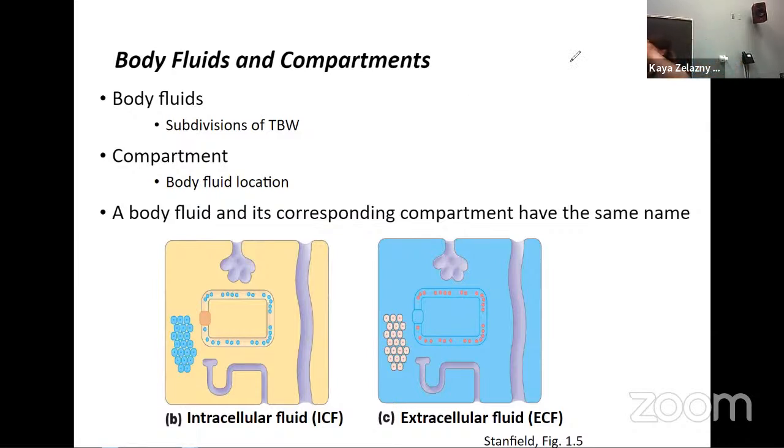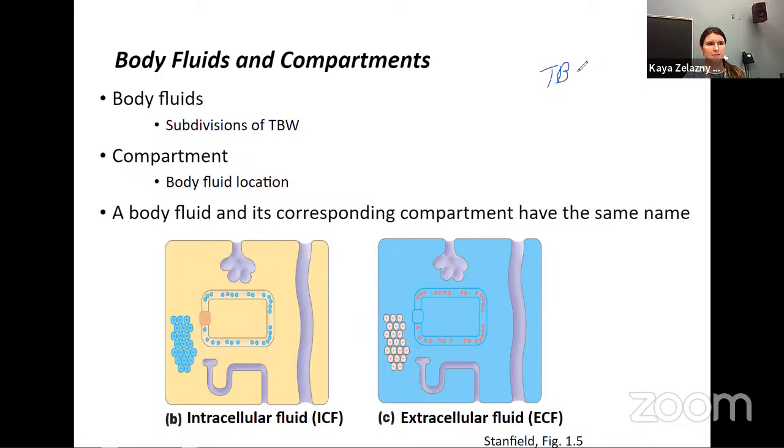So going back to that warm-up question at the beginning, that is the first way that physiologists are going to divide all that water in the body. First thing we want to know is, is it inside a cell or is it outside of a cell? That matters to us.